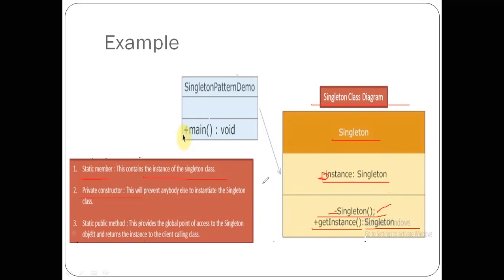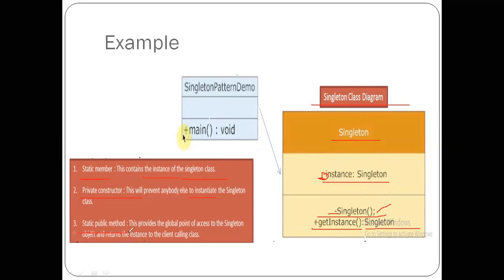So no other class can instantiate this singleton class here. Why? Because it is a private constructor. It is purely accessed by this particular class only, isn't it?